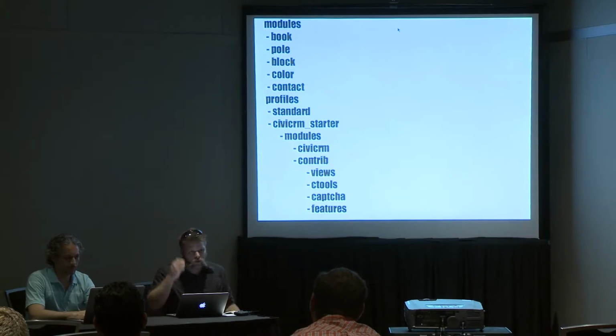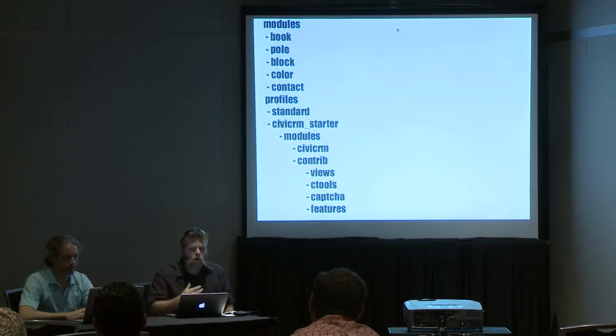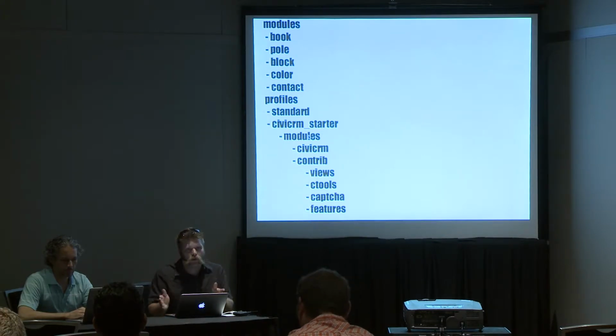The way distributions are structured allows you to override anything that's included in the profiles, where the modules for that distribution are, by adding the same module or a patched or newer or even older version of that into your site's all modules.